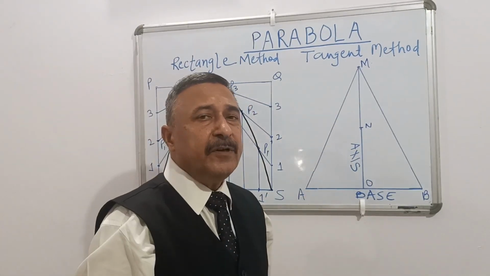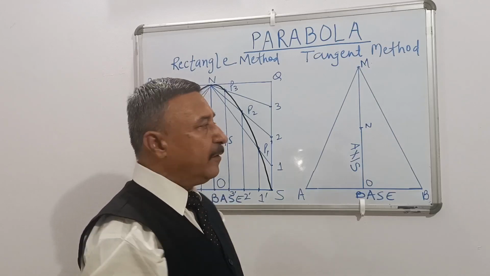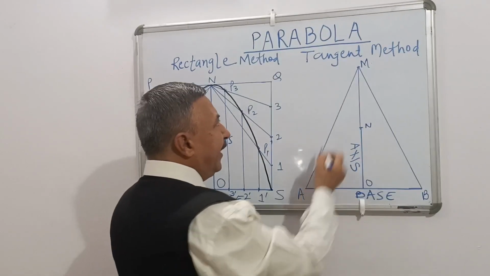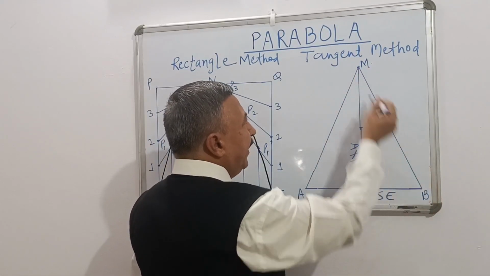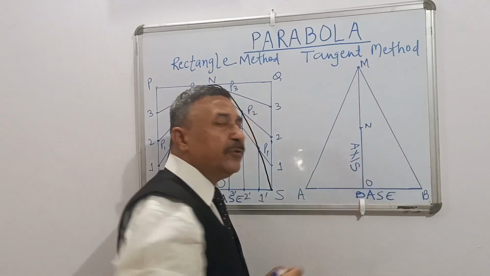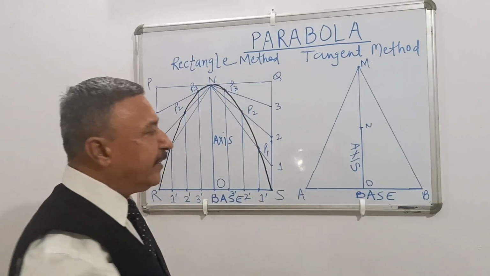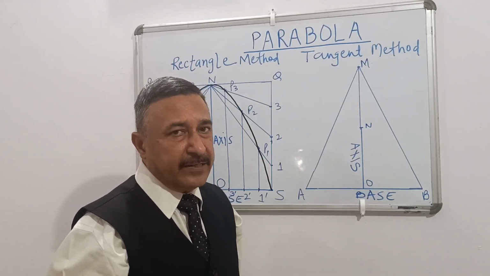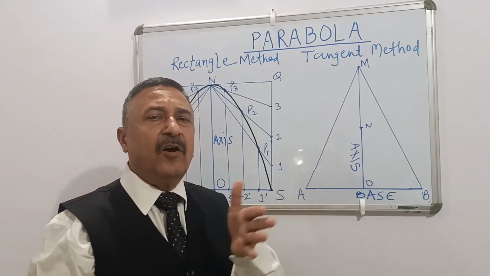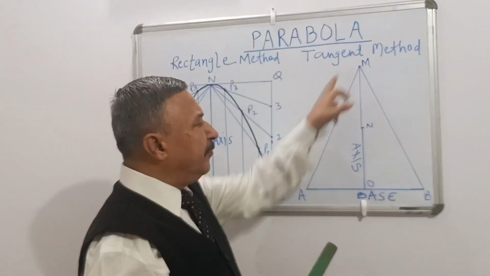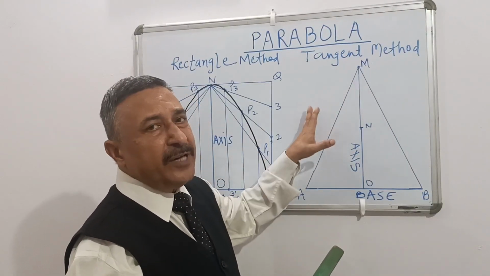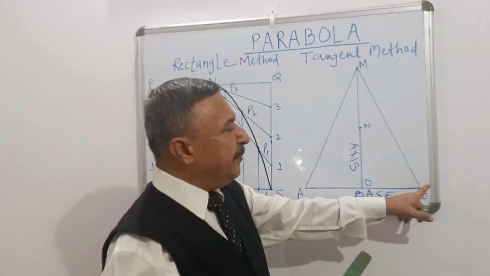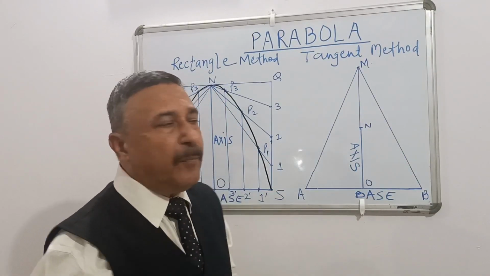In this we are going to apply this method. Now divide AM and BM, or MB, into the same number of equal parts, and we take even parts, not odd parts, like 8, 10 or 12. Now we divide AM into 10 equal parts and MB into 10 equal parts.